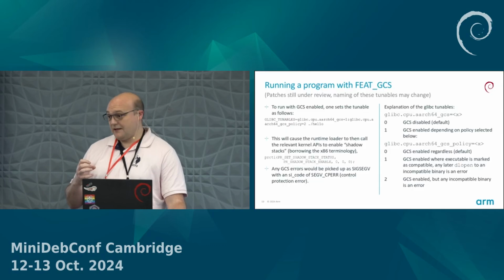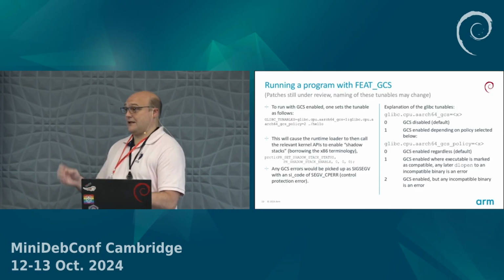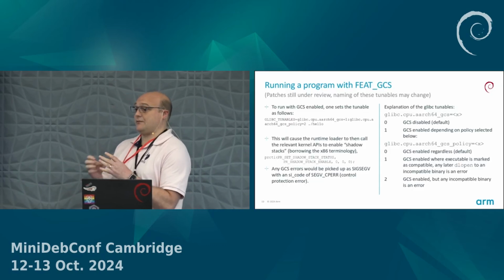I have two questions. The first is, if you have a library that doesn't support GCS, does that mean the whole executable doesn't? The way it works is GCS is enabled in the execution context of the current thread, and subsequent threads are automatically created with GCS enabled as well.